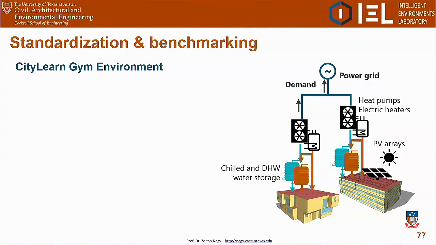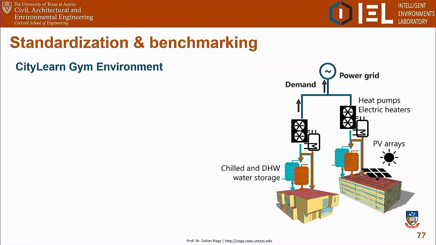This efficiency of the heat pump will depend on the weather conditions. When providing cooling energy, the colder it is outside, the higher the efficiency of the heat pump, so it can provide more cooling energy using less electricity. Regarding the hot water, we have just electric heaters with a given efficiency. Then some of the buildings might have photovoltaic generation, and they are all connected to the same feeder.